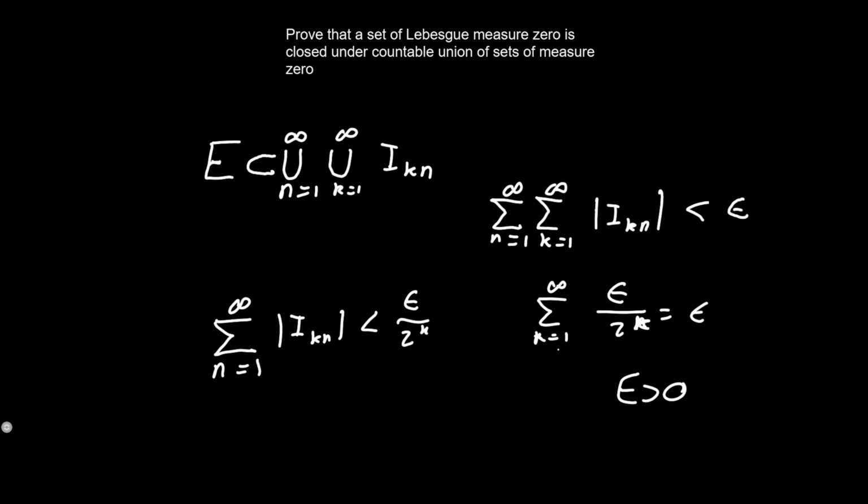By the definition of Lebesgue measure 0, that means E has measure 0.